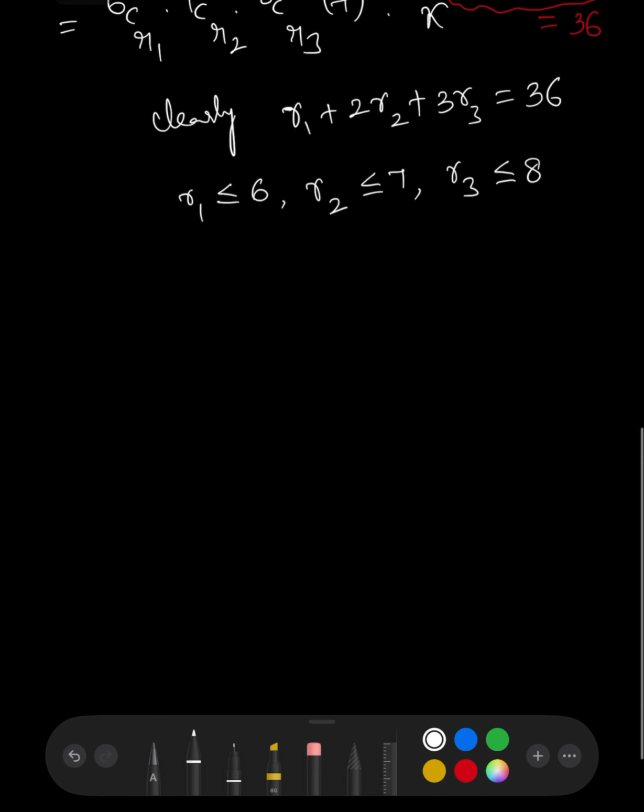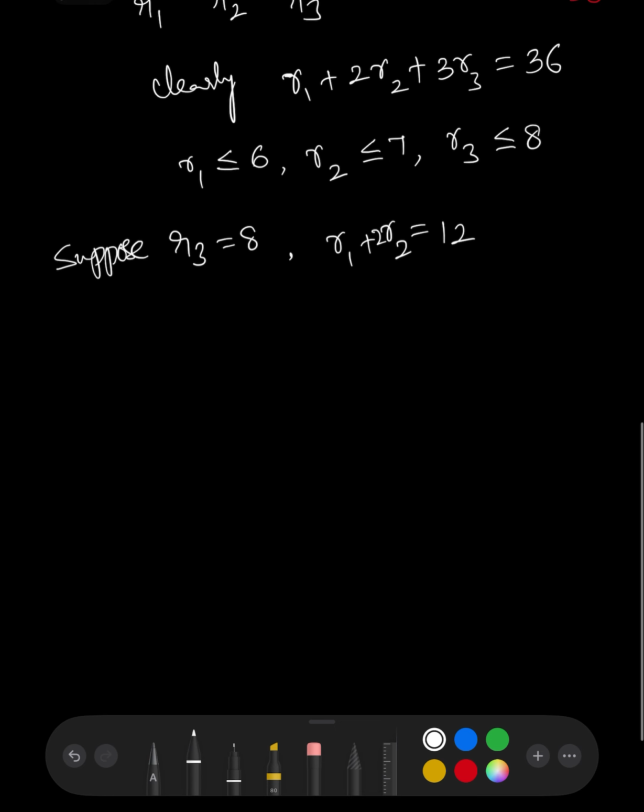Every term starts from 0, but each has its own limit. Suppose r3 equal to 8, then 3 into 8 is 24, so r1 + 2r2 equal to 12.